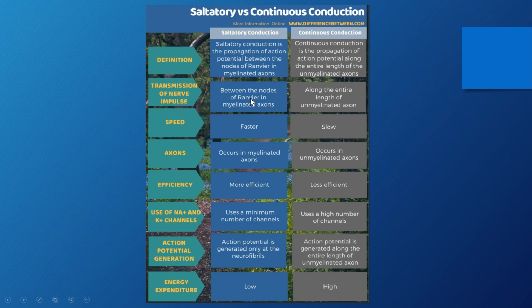And this goes between the node of Ranvier, this along the entire axon. Saltatory conduction is faster, continuous is slow. Then it's more efficient, less efficient continuous conduction, right? And energy use, right, is low in saltatory and high in the continuous, right? So that's pretty much the difference between saltatory and continuous conduction.